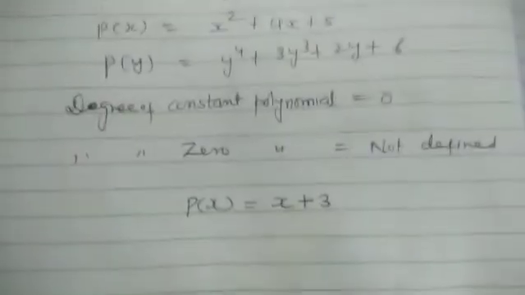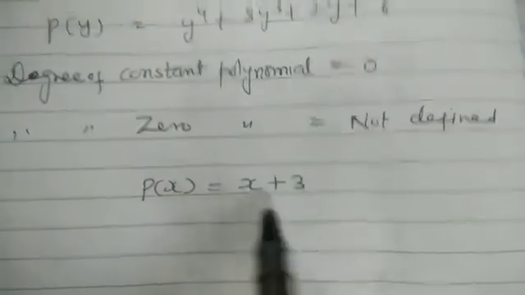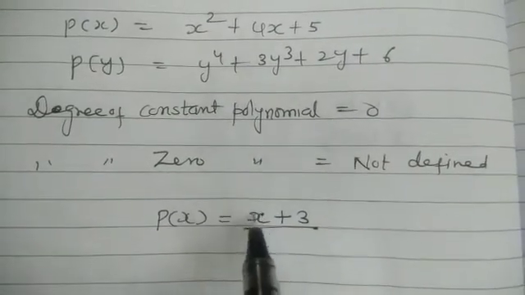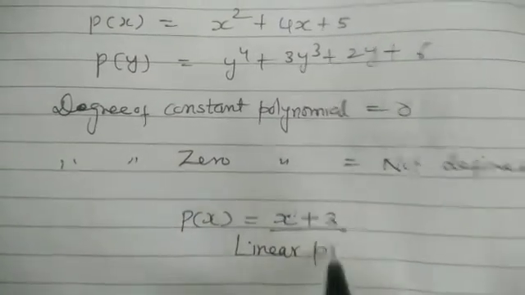Now if the polynomial has degree 1, here you can see this is the polynomial x plus 3. Here the power of variable is 1, so this is called linear polynomial.